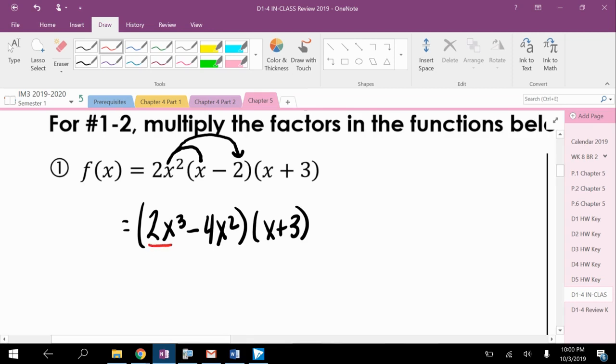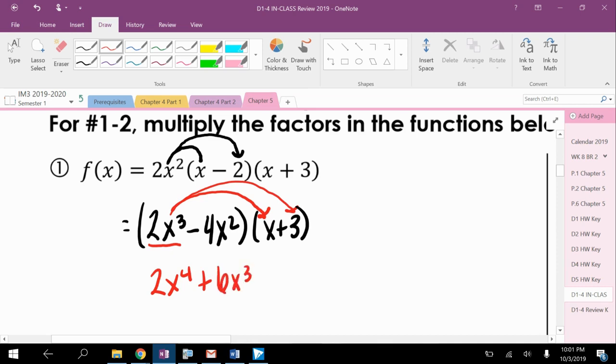I'm going to take this 2x cubed first, and we're going to multiply it to both of these. So 2x cubed times x would get me 2x to the fourth. 2x cubed times 3 is just going to get me 6x cubed.